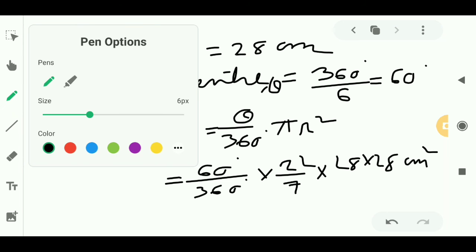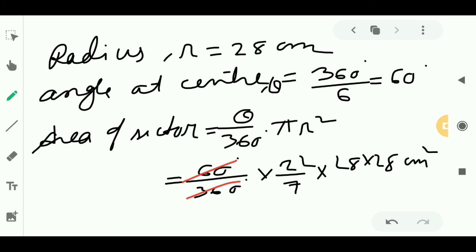Now cancellation. This one cancels. 6, 7, 4 is 28. Then with 2 cancel, 2 2 is 4. 2 3 is 6. And I think there is no more cancellation. Now we have to multiply this.